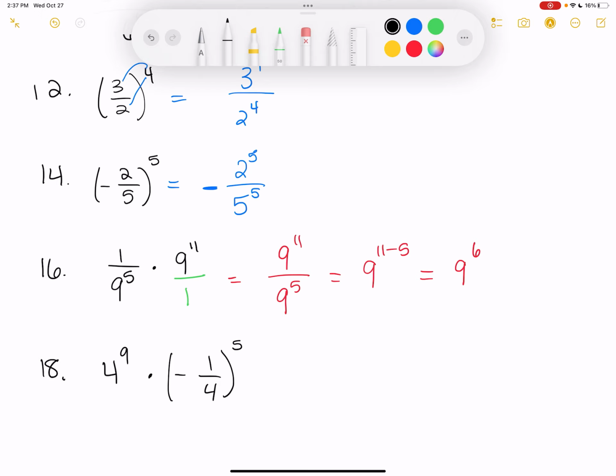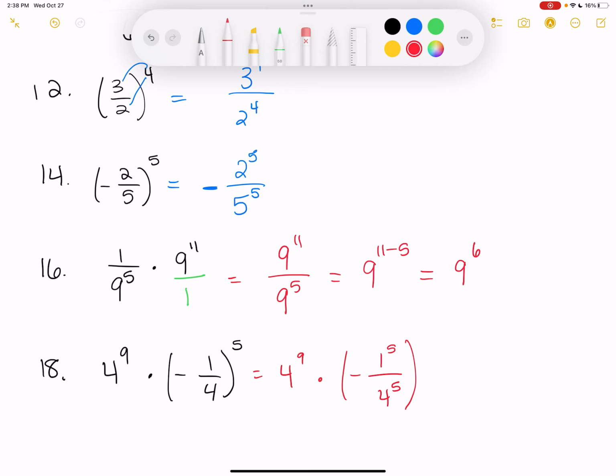Kind of, yes, but I need to do something else first. Okay, I need to put a 5 with the 1 and the 4. Technically I don't have to put it with the 1. I'll write it, but you don't technically have to because 1 to any power is just 1. So this is 4 to the 9th times negative 1 to the 5th over 4 to the 5th.